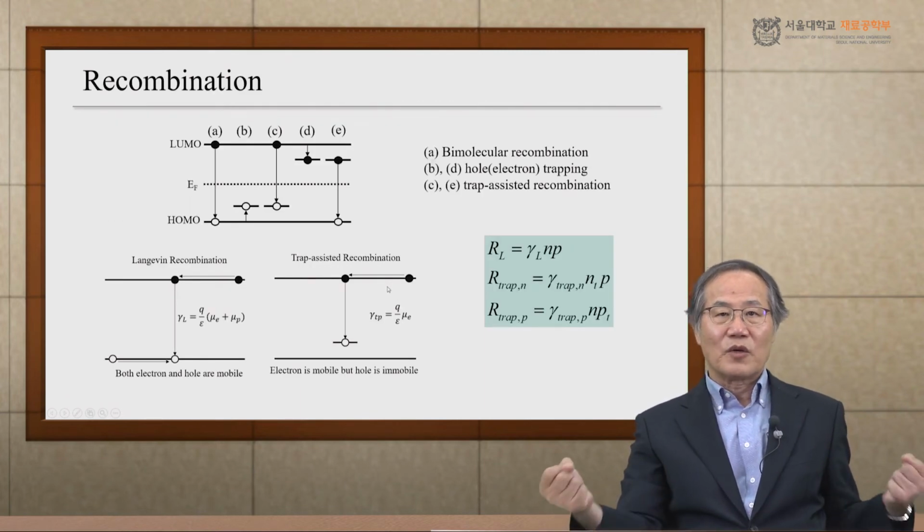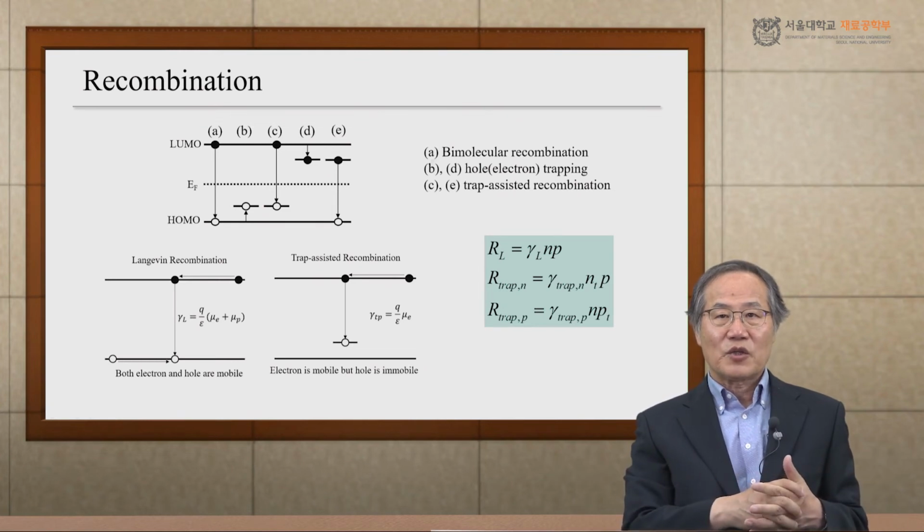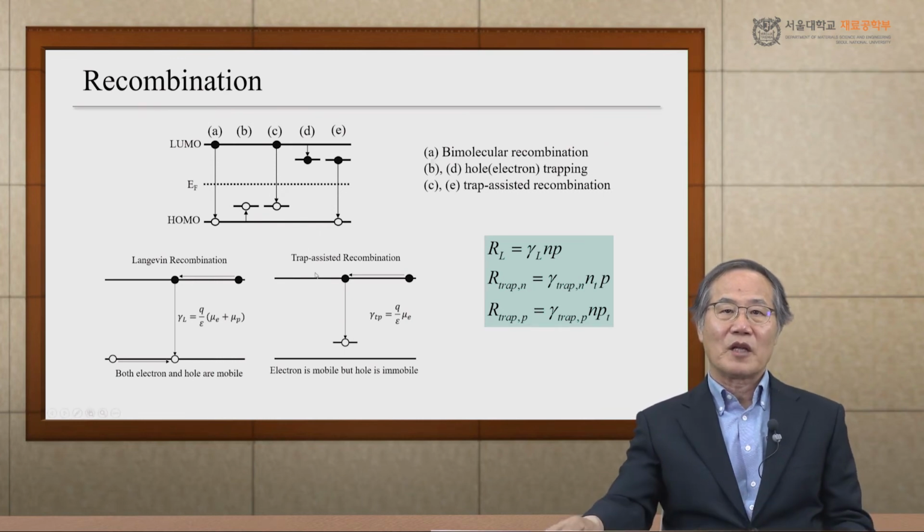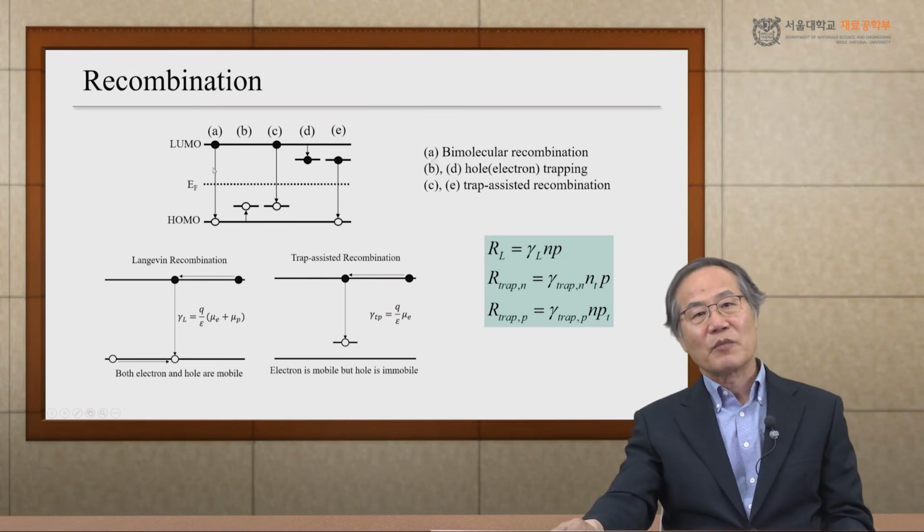So electrons and holes are coming, and recombination takes place between electrons and holes. There are two mechanisms. One is bimolecular recombination. An electron is coming and a hole is coming, and then they recombine. In organic terminology, it's the band-to-band transition recombination.